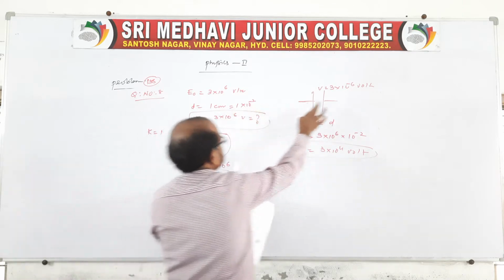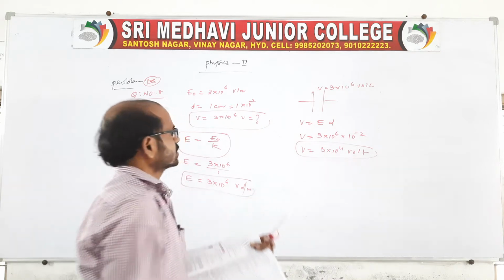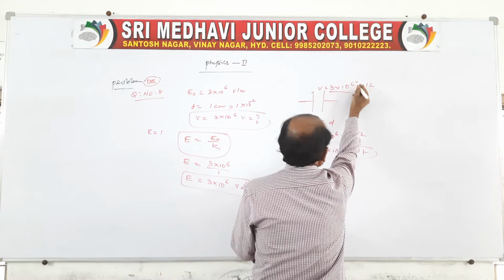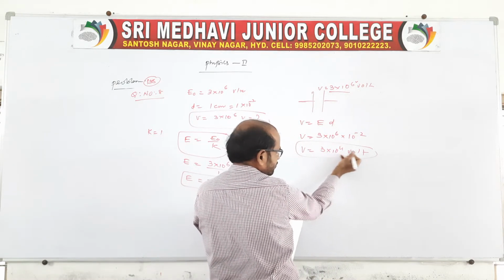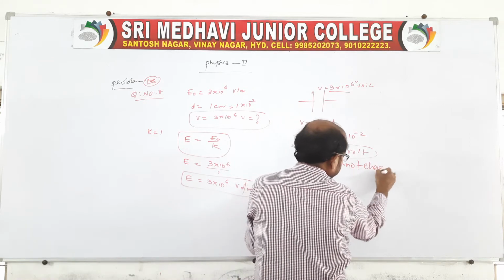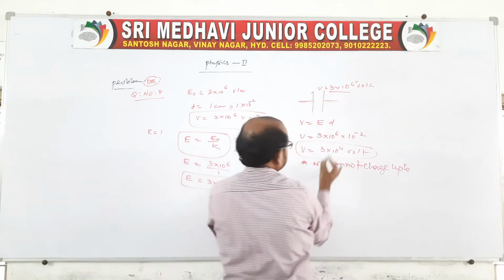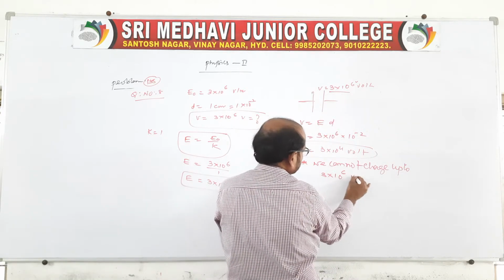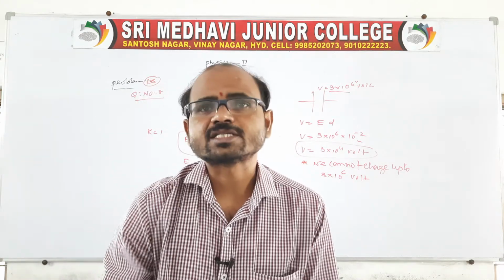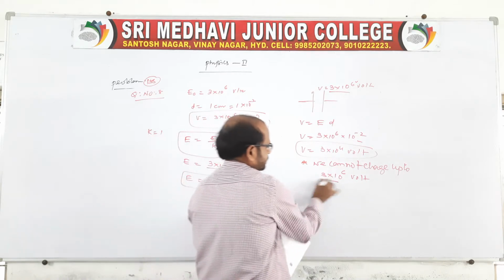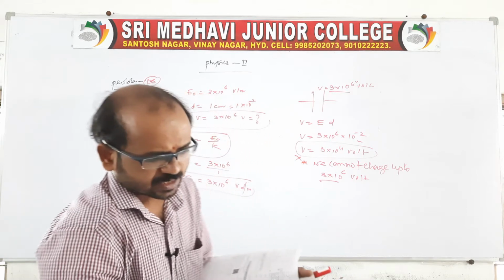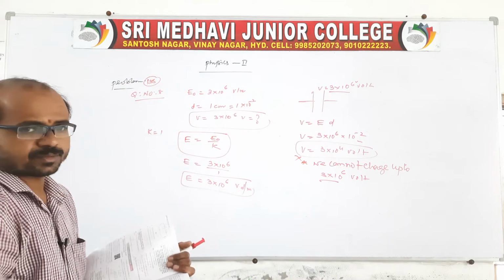The question actually asks for 3 into 10 power 6 volt, but we got only 3 into 10 power 4 volt, so it is not possible to charge up to the given value. So the answer is that it cannot be charged up to 3 into 10 power 6 volt.